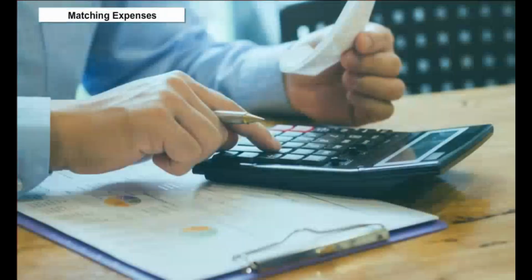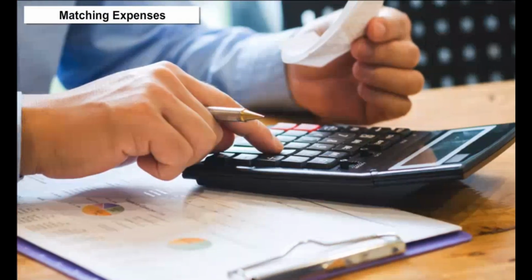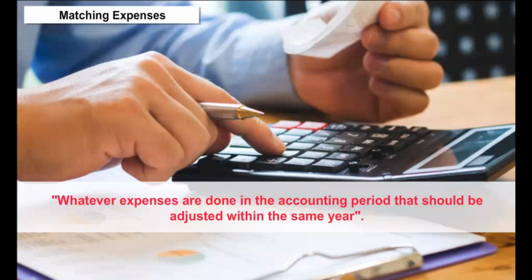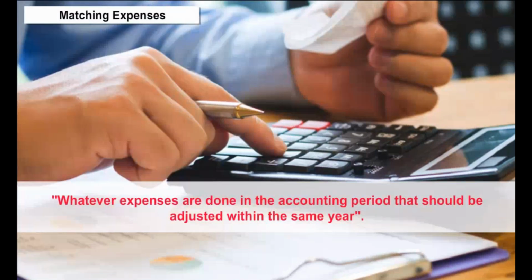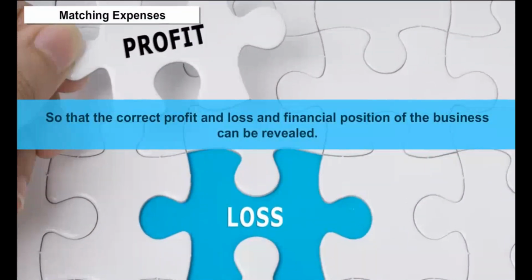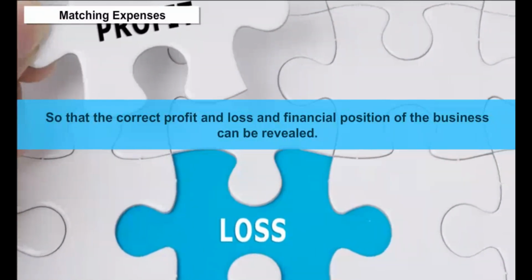Depreciation, matching expenses. As we know, the matching principle of accounting says that whatever expenses are incurred in the accounting period should be adjusted within the same year so that the correct profit and loss and financial position of the business can be revealed.